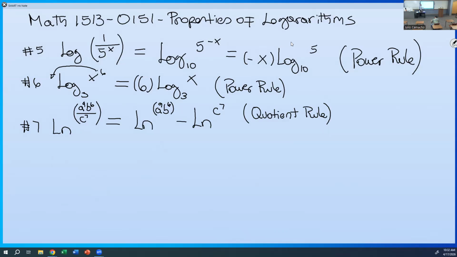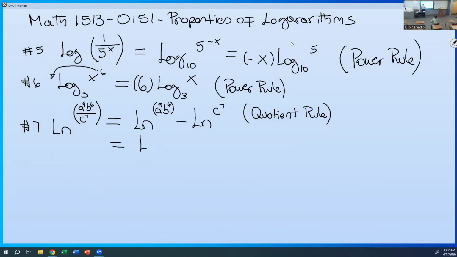Our second step, we have to apply now the product rule, because we still have a composite exponent. You have a to the 9 multiplied by b to the 6. To deal with them, we have to use now the product rule.